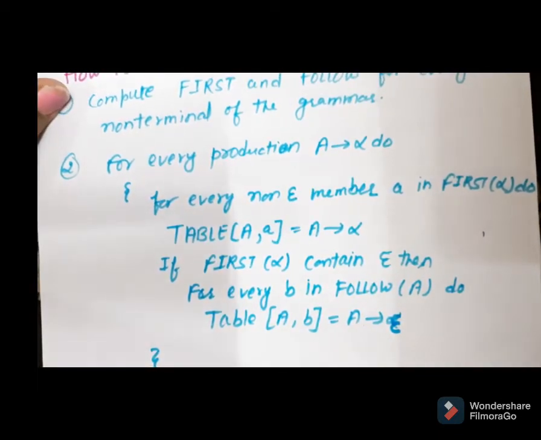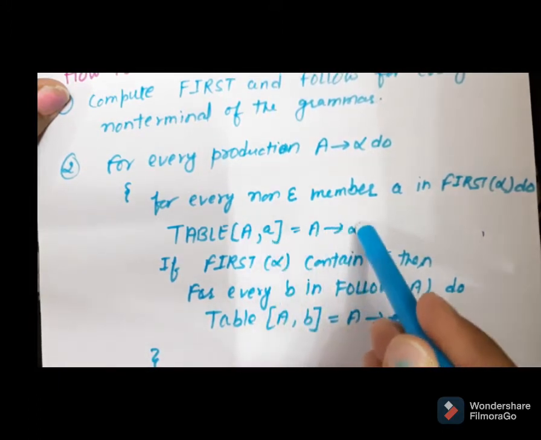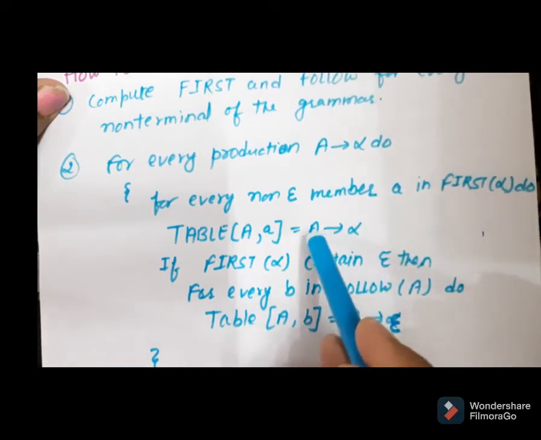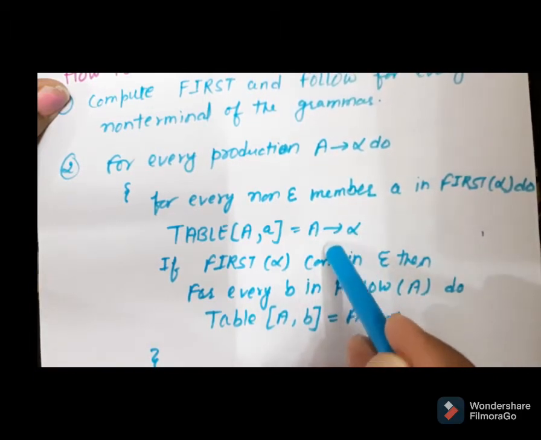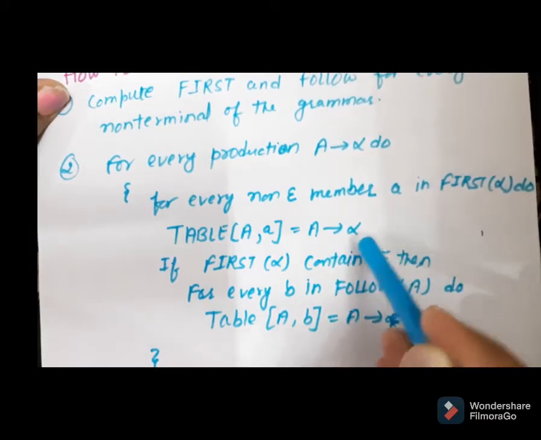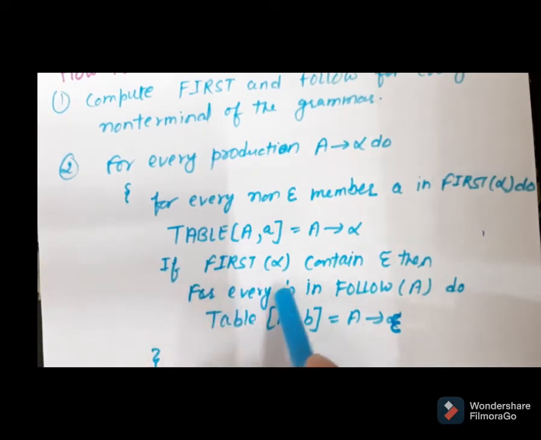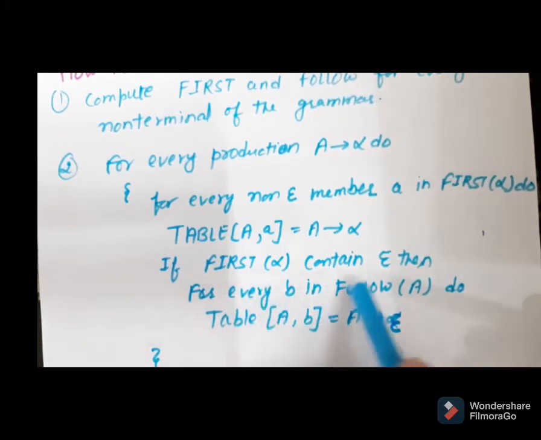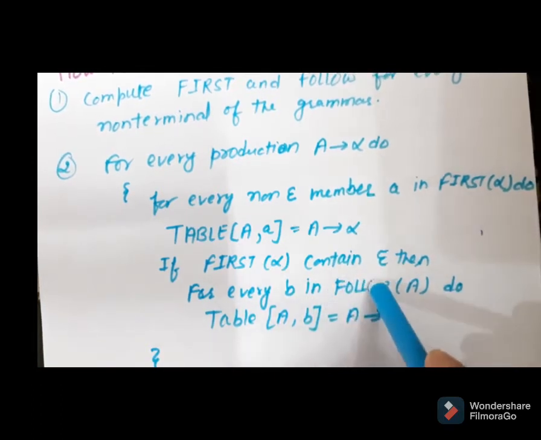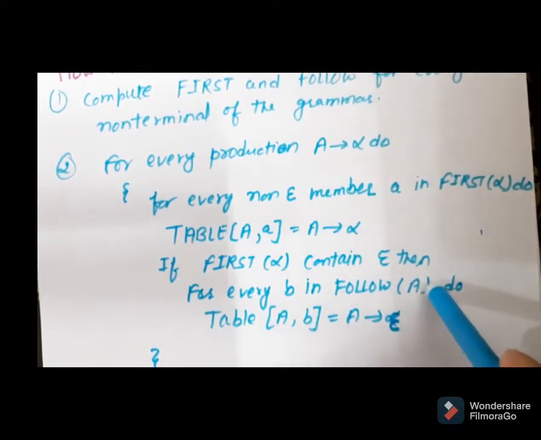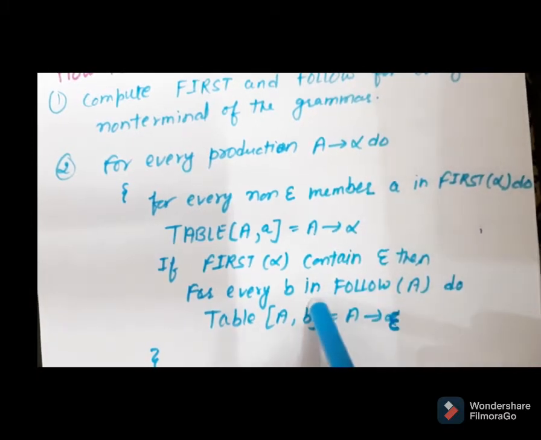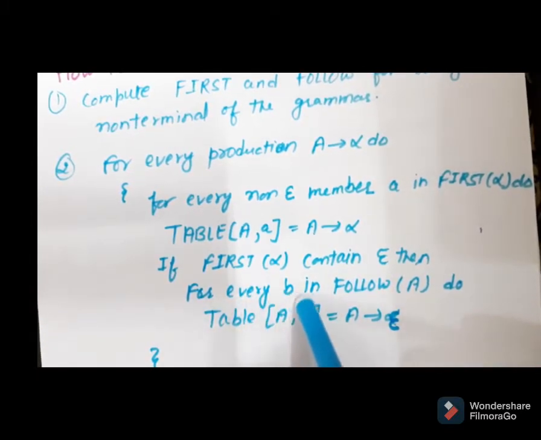So the meaning of this is, if we have to fill the first, then we use the production from which we are getting first. That production will be filled in the column of the table. And for epsilon, if we find epsilon in the first, then we have to fill the follow, which has some elements, and those elements we are showing here with the help of b.